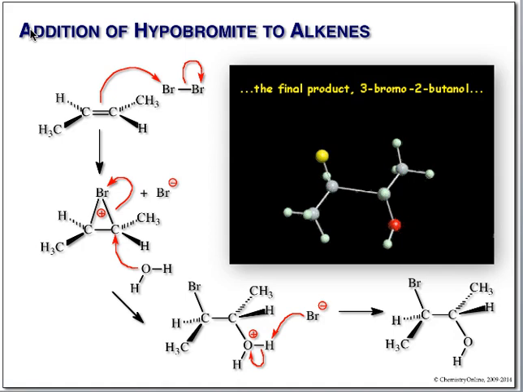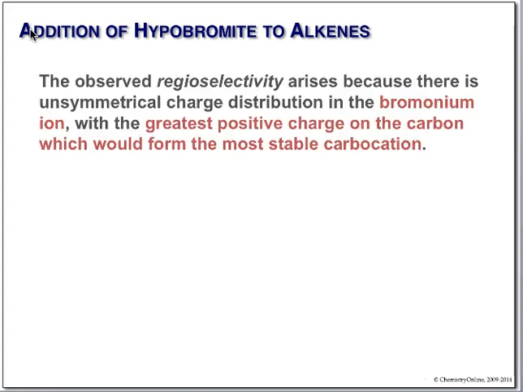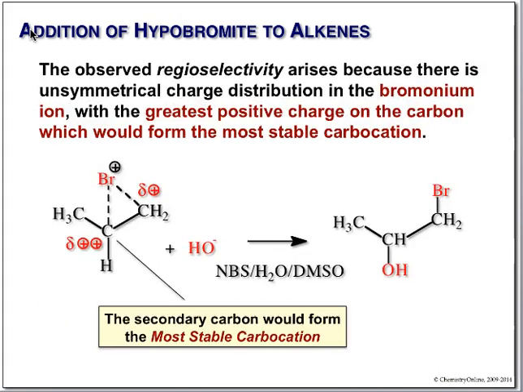So just like the other one, except what you remember is that hydroxide or water is going to add to the most stable carbocation. Now why? This is what the bromonium ion might look like. Okay? This is not a symmetrical intermediate.